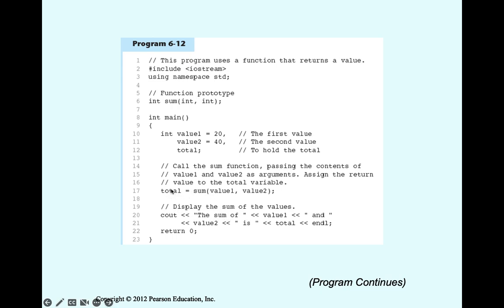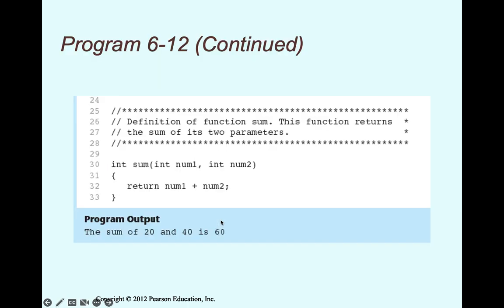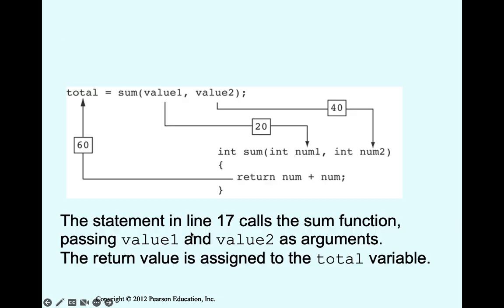We define a variable total of type integer, total equal to sum(value1, value2). This function will return a value and we will store this value in the variable total. So total will have 60 because 20 plus 40 is 60, and when we print it, it will print 60. Okay, the sum of 20 and 40 is 60.